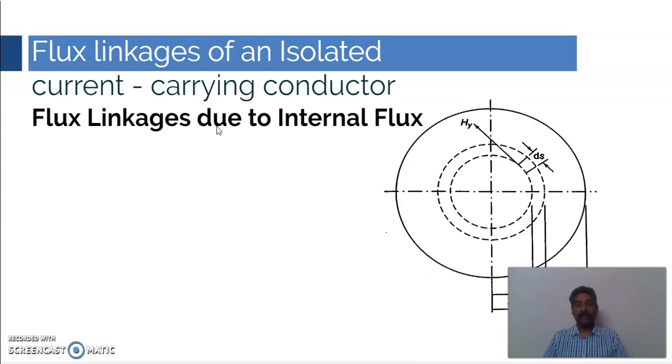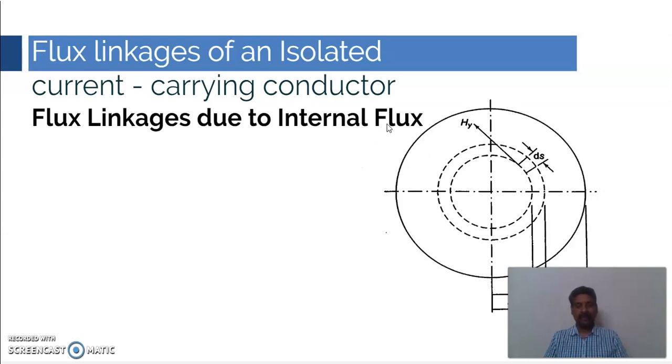One is flux linkages due to the internal flux, that means the flux linked with the fractional part of the conductor inside the conductor, as one case. And the second case will be the flux outside the conductor. So we are going to consider the flux linkages due to internal flux and the flux linkages due to external flux. First, let us start with the flux linkages due to internal flux.